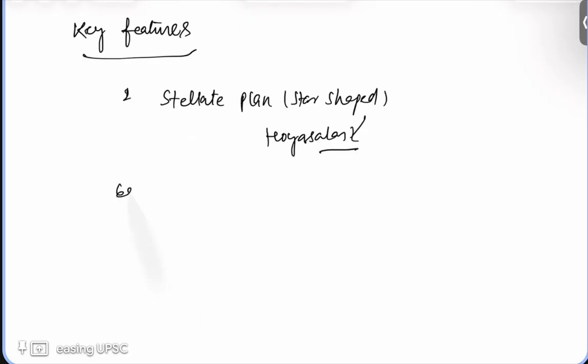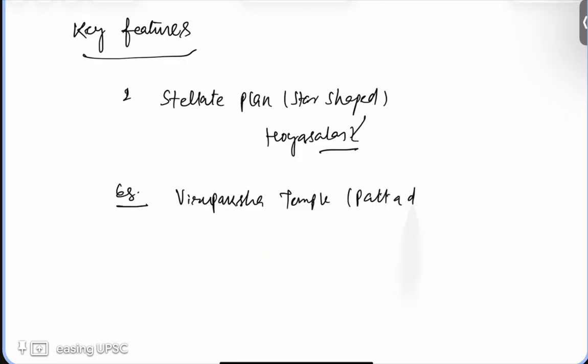Any example you can give? Pratiksha? Hoysaleshwara temple. Okay. Another very famous temple, Virupaksha temple. Fusion style.